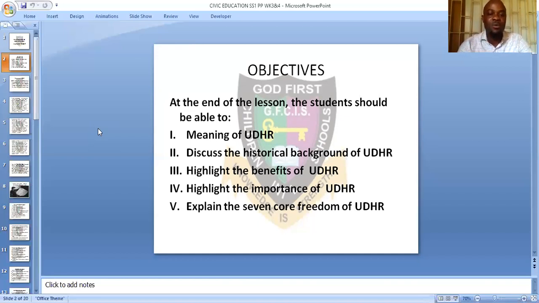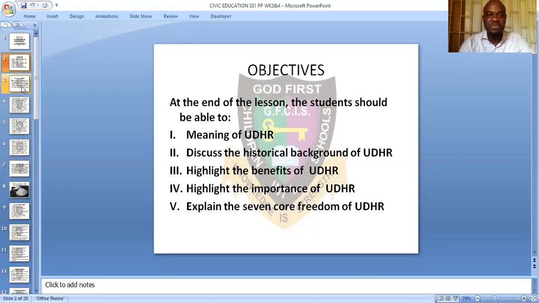Three, highlight the benefits of UDHR. Four, highlight the importance of UDHR. And the last one, explain the 7 core freedoms of UDHR. Again, explain the 7 core freedoms of UDHR.